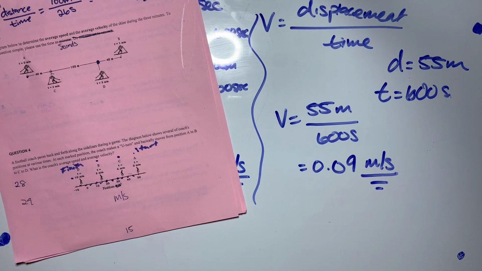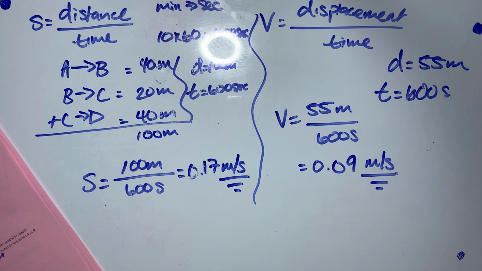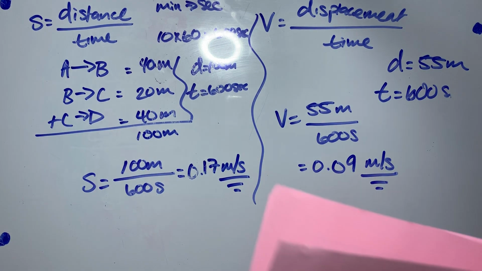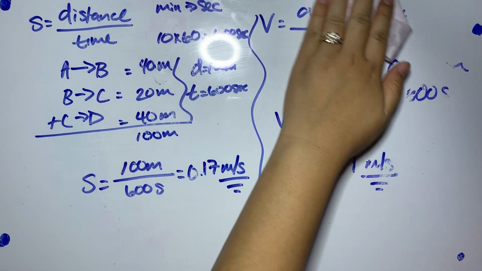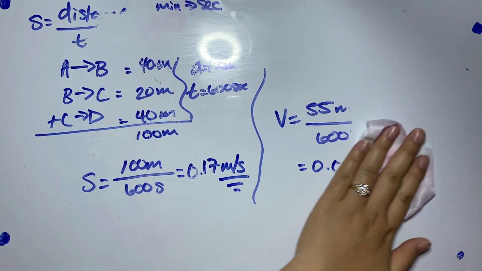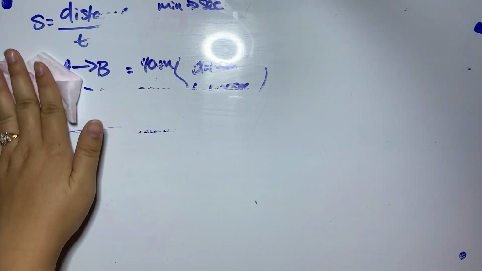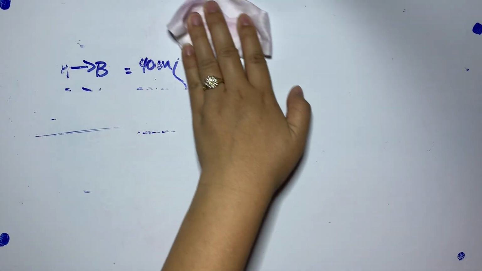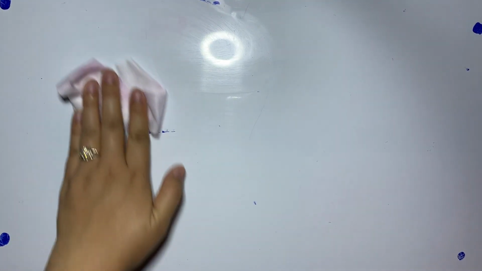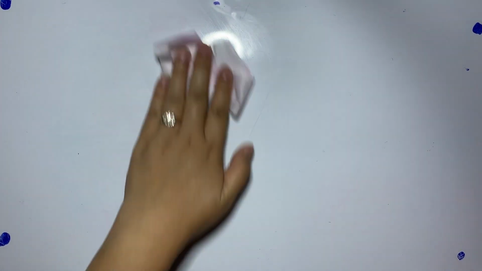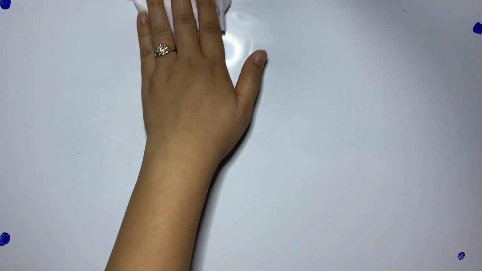That's questions 3 and 4: distance divided by time is speed, and displacement divided by time is velocity. Moving on. Overall, speed and velocity have basically the same formula. The only difference is what the D stands for: one is displacement, one is distance.